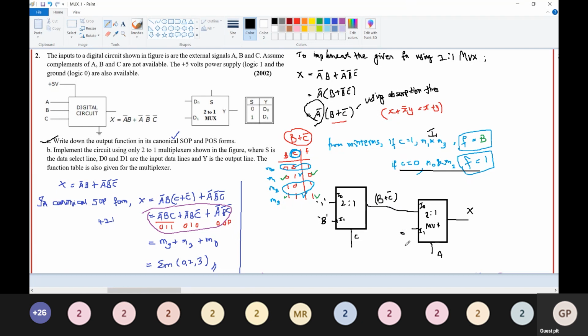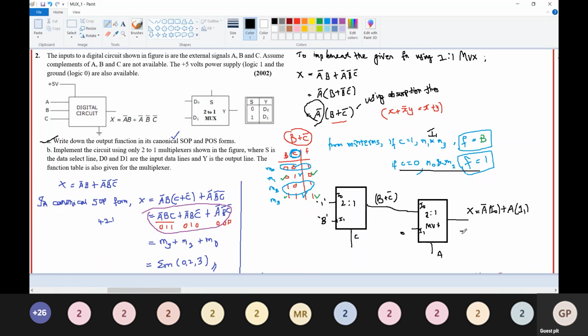So now the function X will be equal to A dash into I naught plus A into I1.